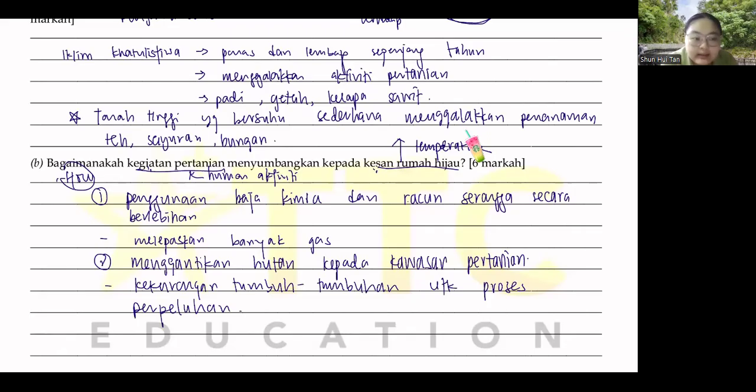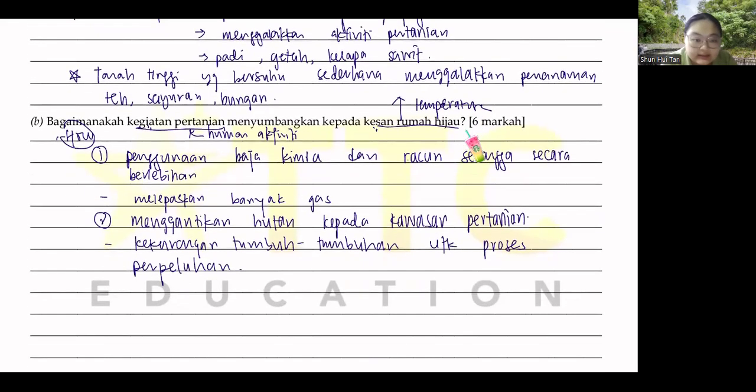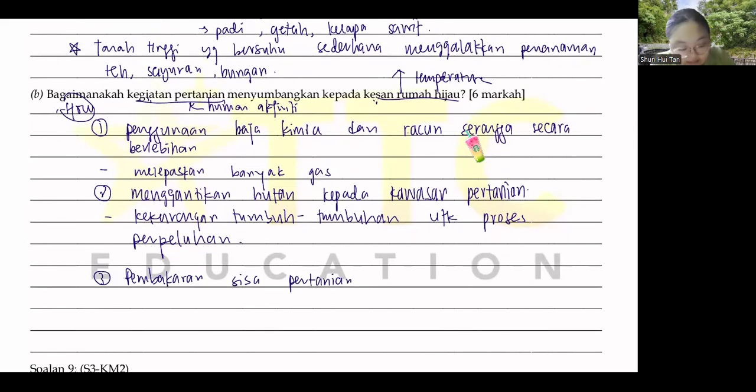Now, other than that, what happened to pertanian again? And then we learn, remember in Kesan Rumah Hijau, they tell you one of the punca is what? Pembakaran sisa pertanian. So you can say, related mah? Pembakaran sisa pertanian. Okay, same.